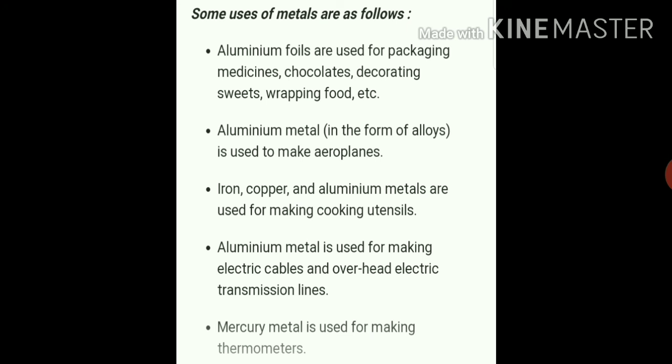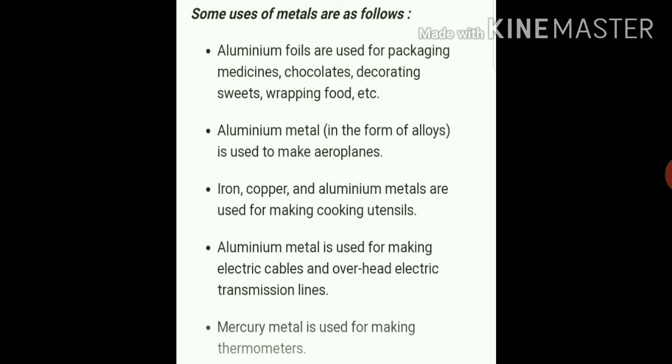Aluminium foils are used for packaging medicines, chocolates, decorating sweets, wrapping foods, etc. Aluminium metal in the form of alloys is used to make aeroplanes. Iron, copper and aluminium metals are used for making cooking utensils.